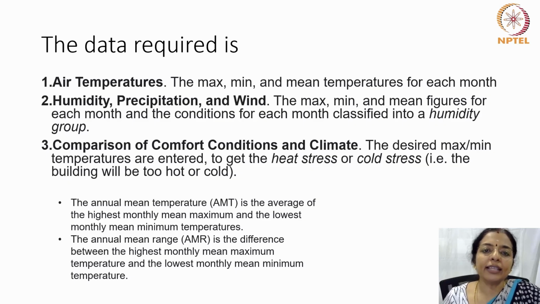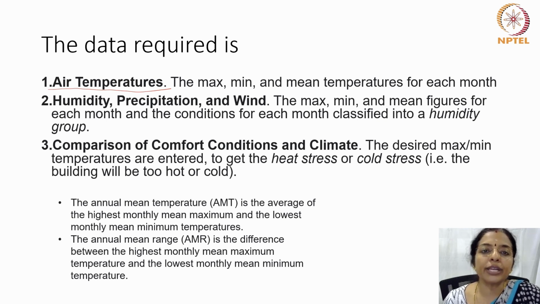The data that is required for us to understand the passive techniques with the help of Mahoney's table: the first is air temperature. You need the maximum temperature, minimum temperature, and the mean temperature for each month. So for 12 months, you need the maximum, minimum, and mean temperature data.